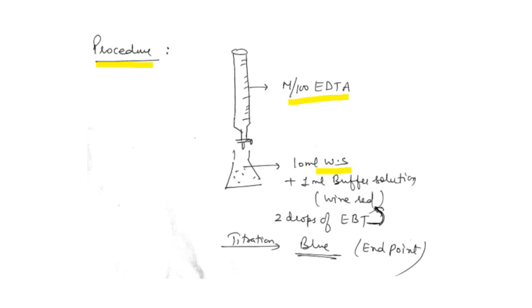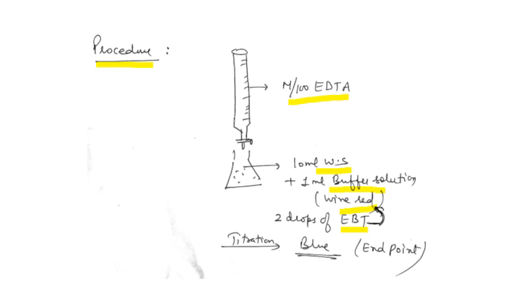Firstly we add the buffer solution to maintain the pH. How much pH do we have to maintain? Nearby 10. Then you add the indicator and you get the wine red color. If you are not getting wine red, it means your water is not hard.